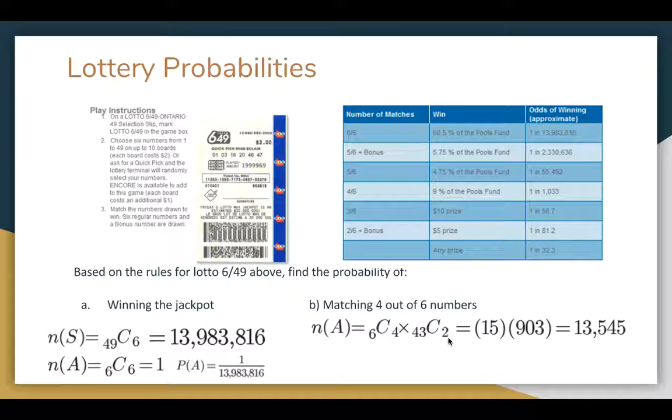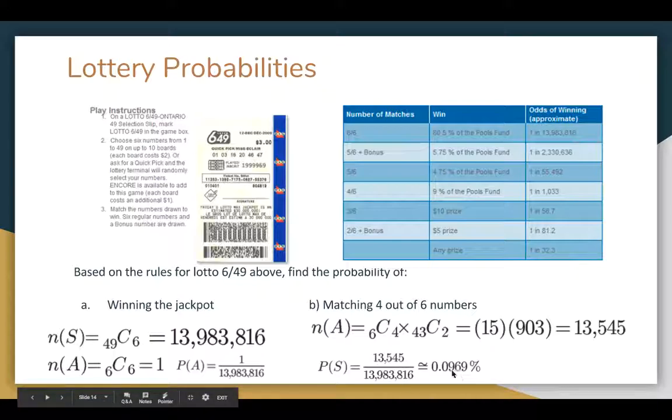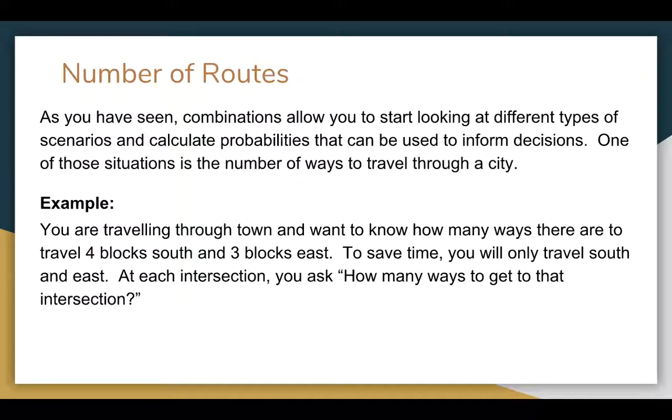And that's 13,545 ways. And the total is 13,983,816. If you divide those, you get about 0.1%, which is the same as this 1 in 1033. If you reduce this fraction, you would get the same thing. So about a 0.1%, or 0.0969%, chance of matching 4 of the 6. And you can watch the next video for the rest of it.